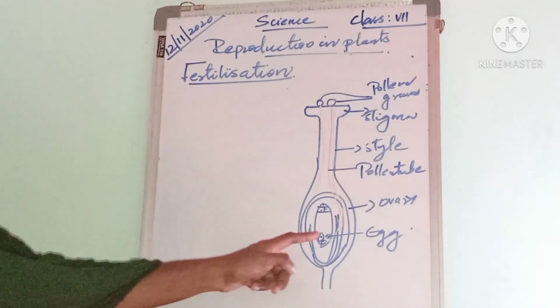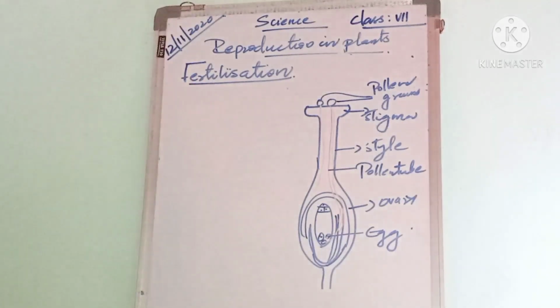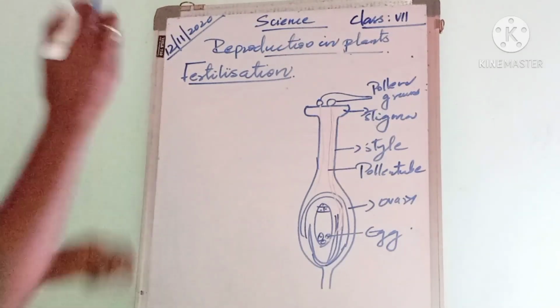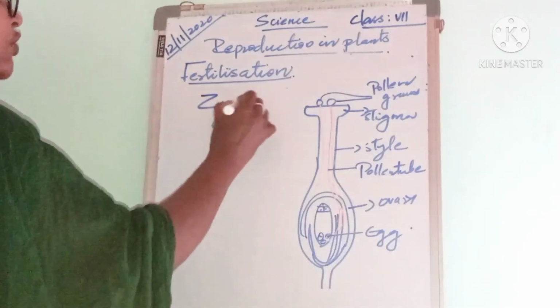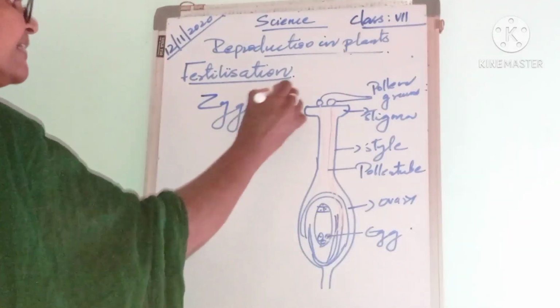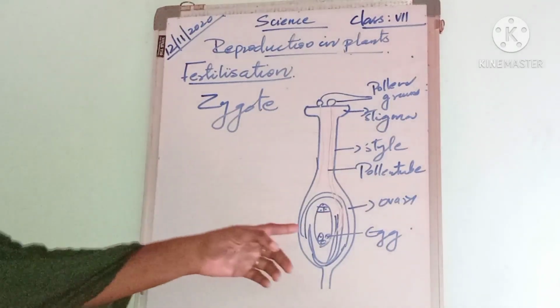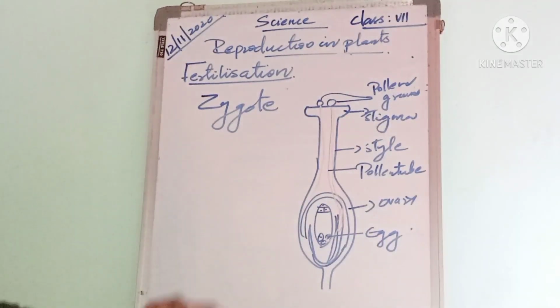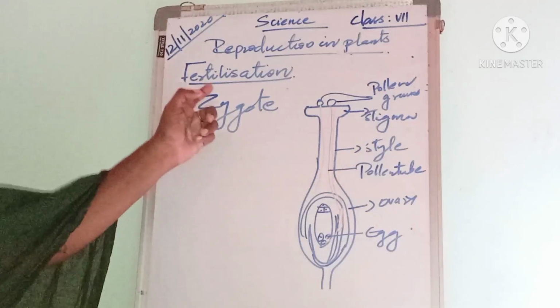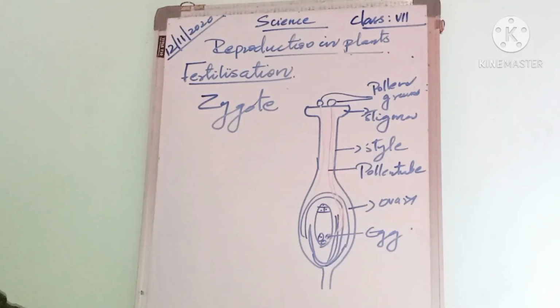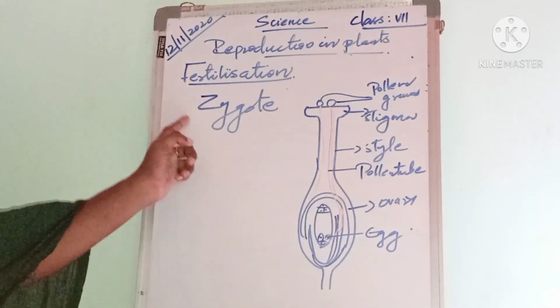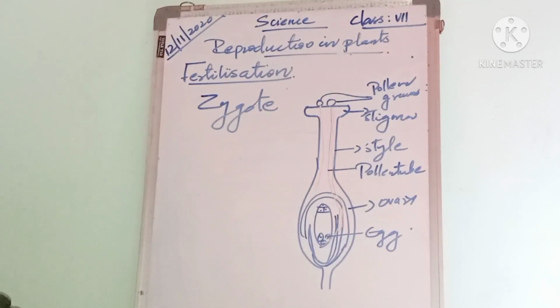This is called fertilization, and the fertilized egg is called the zygote. The fusion of the male gamete with the female gamete is called fertilization, and the fertilized egg is called zygote.